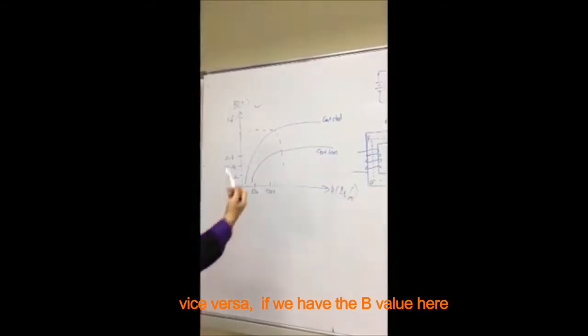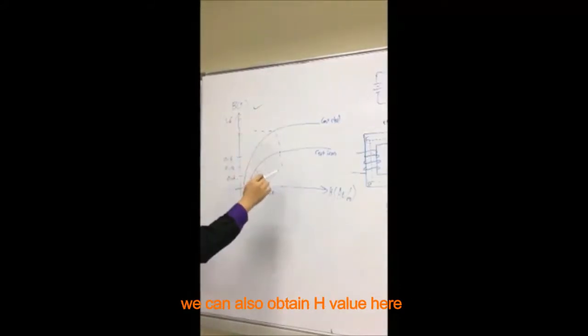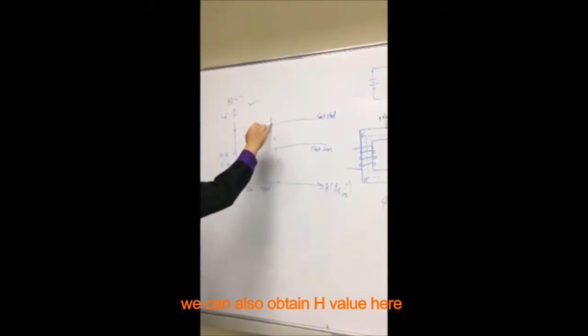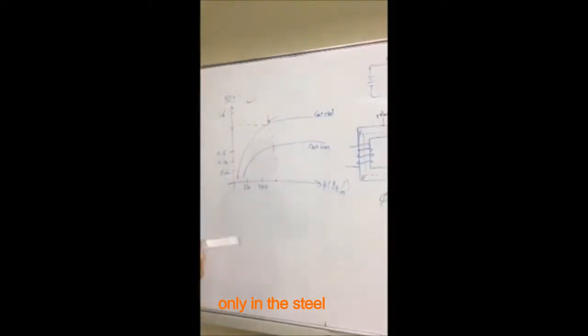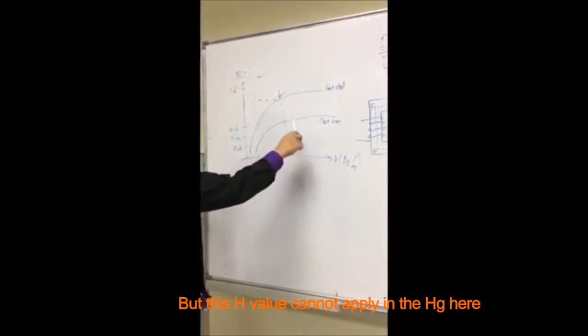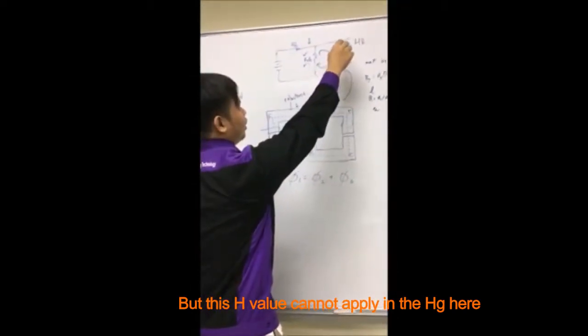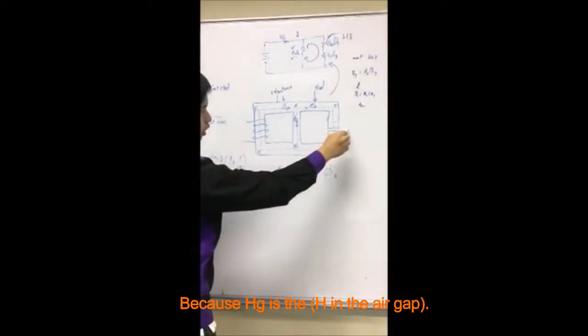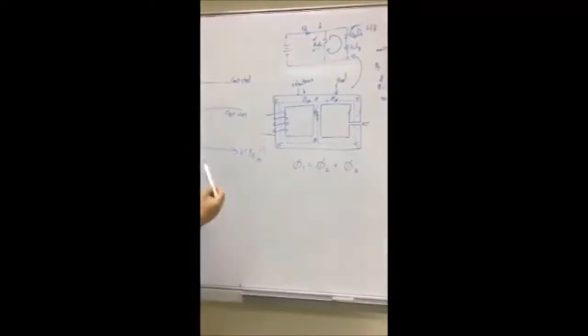Vice versa, if we have the B value here, we can also obtain the H value here, only in the steel. But this H value cannot be applied in the air gap here, because the gap is not made of steel.